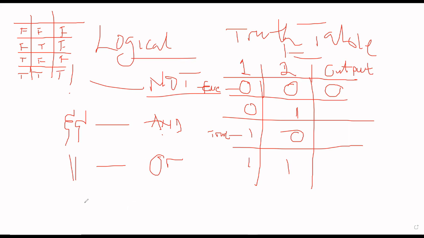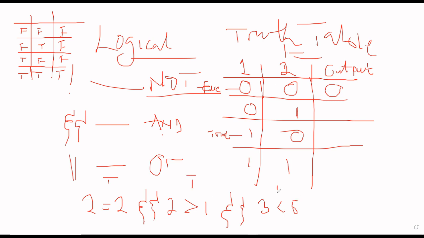So that means if I have: is 2 equal to 2, and is 2 greater than 1, and 3 less than 5. This is true, this is true, this is true.